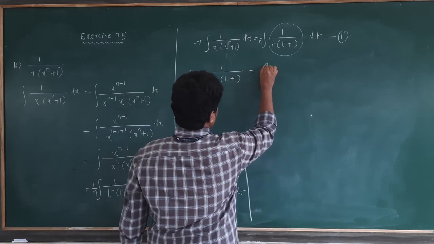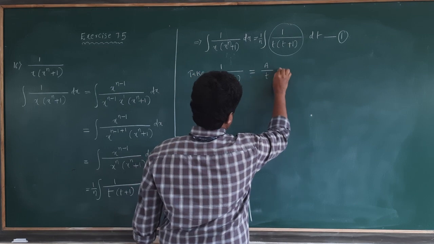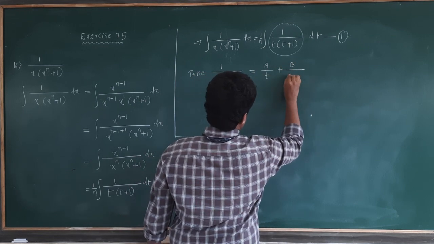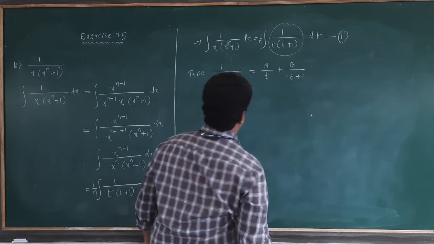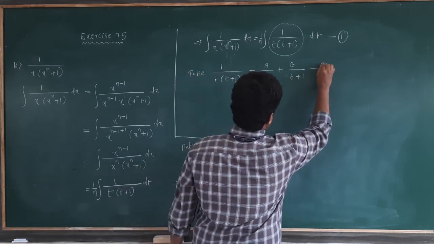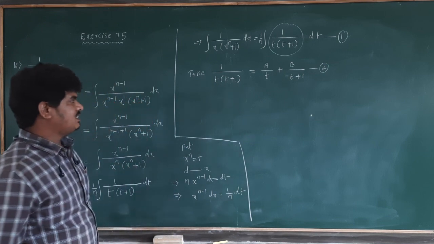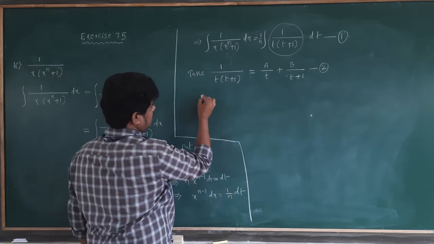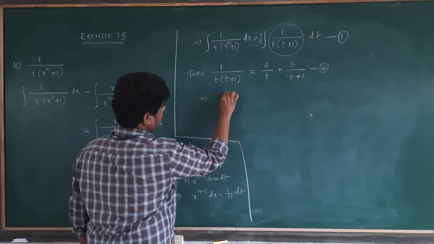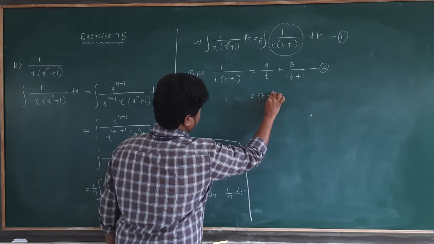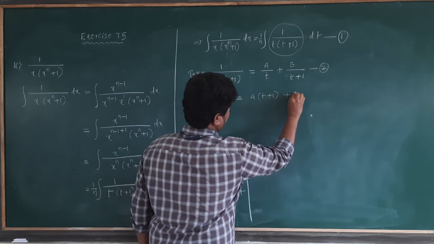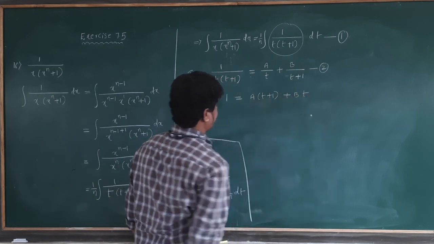So it equals A divided by t plus B divided by t plus 1. Now take it as equation 2. What is the LCM? t into t plus 1. So directly I am writing 1 equals A into t plus 1 plus B into t.